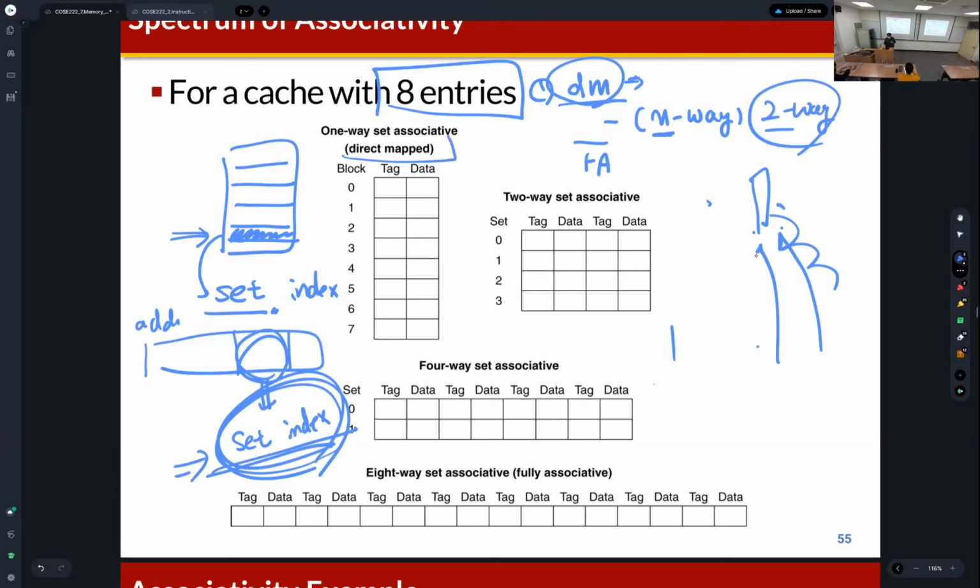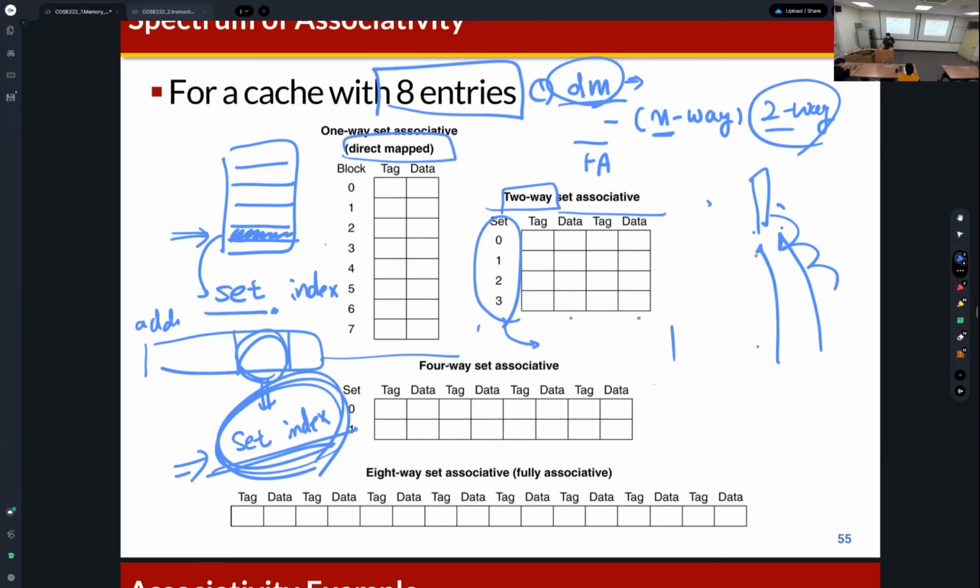A direct map cache has 8 sets because one set includes one block. If we use a two-way set associative cache, one set includes two cache blocks, so this cache includes 4 sets. So with an n-way set associative cache, the number of sets is decreased.